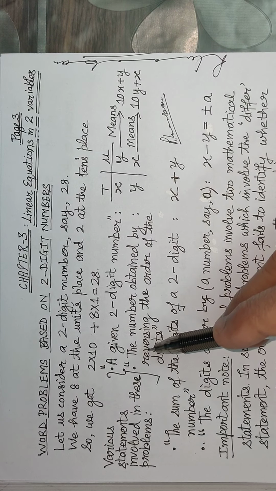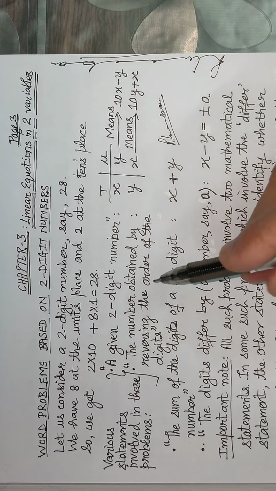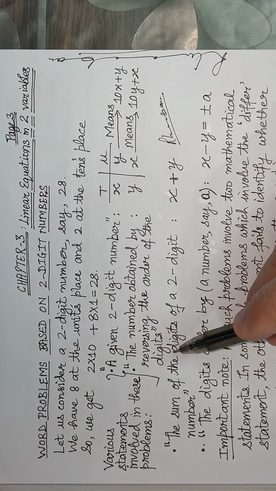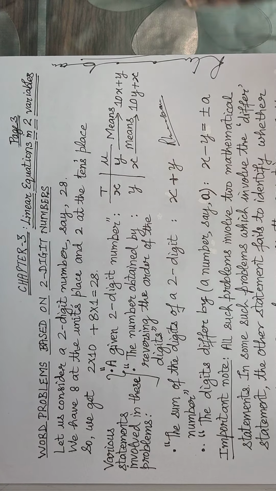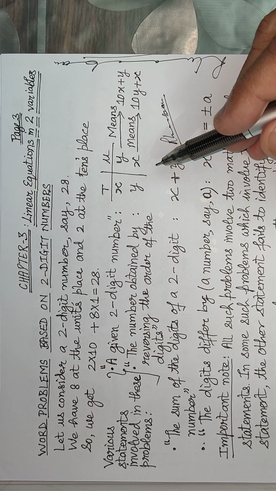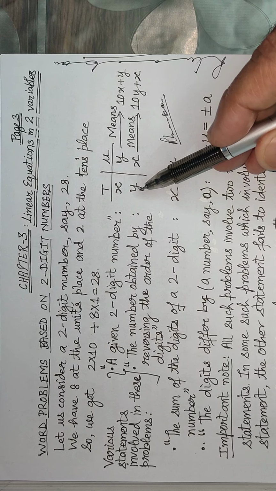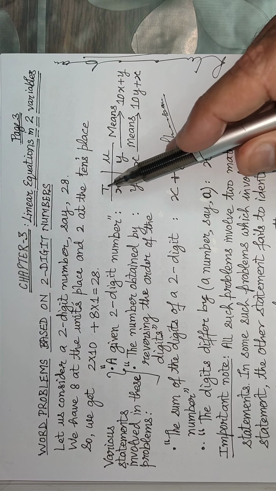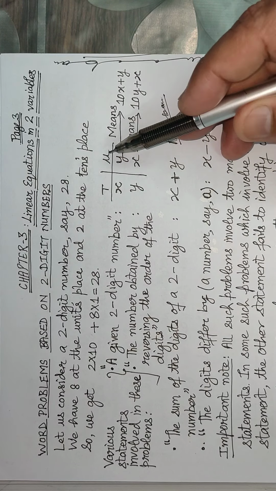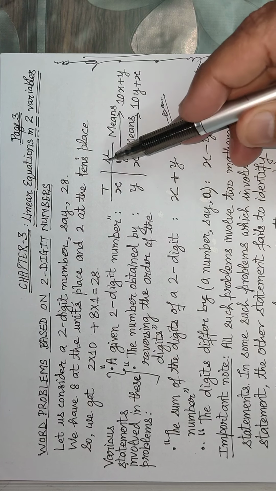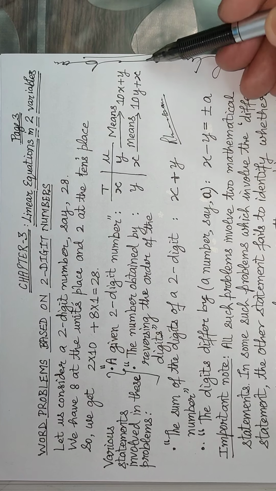And if the problem says the number obtained by reversing the order of the digits, then the mathematical expression that you get is, since x and y have now interchanged their places, so we have y at the tens place and x at the units place. So the number becomes 10y plus 1x.